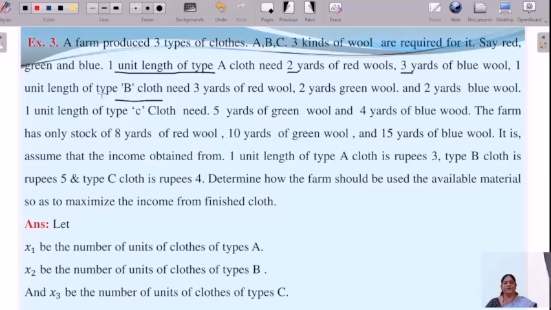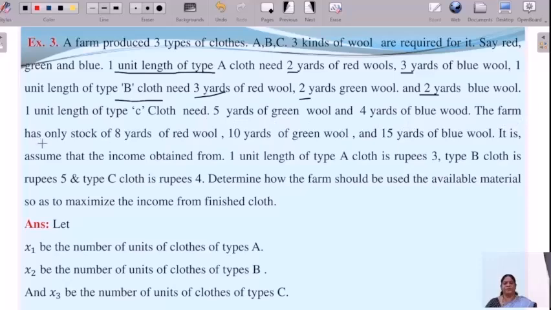Means to prepare a type B cloth, it requires 3 yards of red wool, 2 yards of green wool and 2 yards of blue wool. Similarly, type C cloth needs 5 yards of green wool and 4 yards of blue wool. No need to prepare the C type of cloth, it does not use red wool.